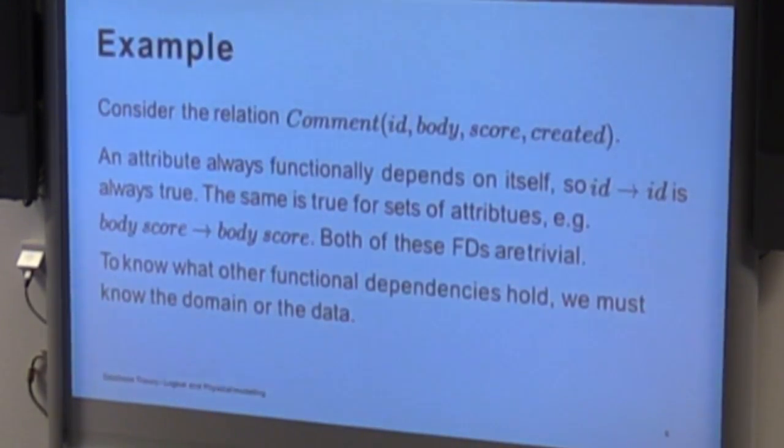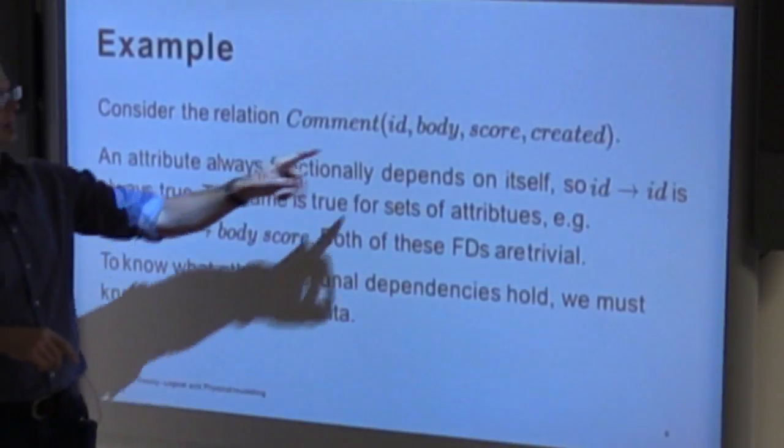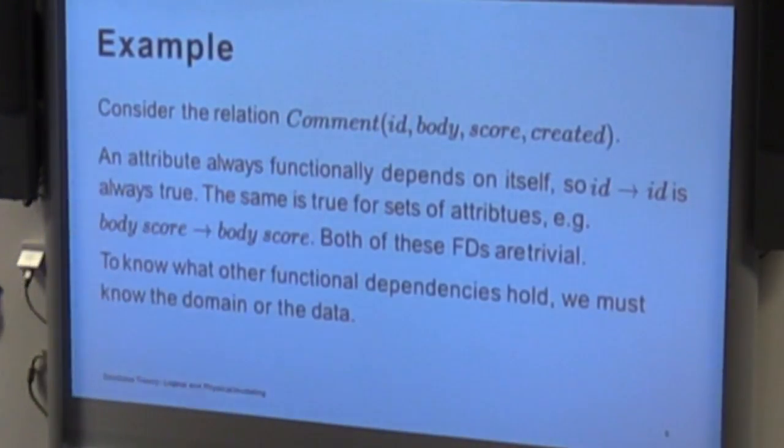So the first one to be said here is that if you have the ID, it is determining itself, or is functionally dependent on itself. That is always true. It doesn't matter what.